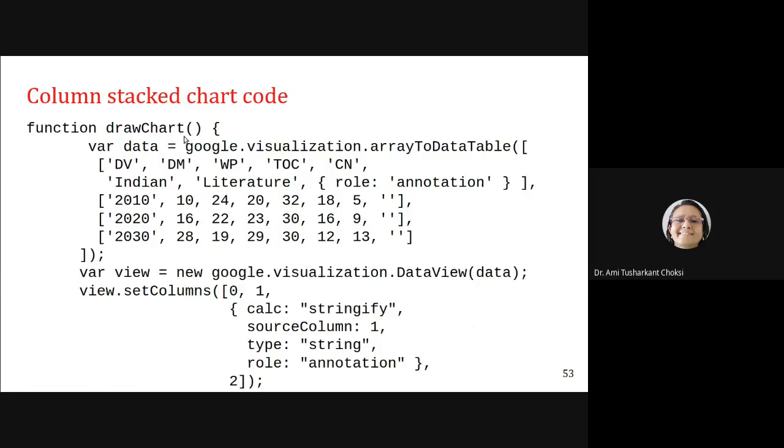Let's see the drawChart function. What we are having in this variable data is equal to google.visualization.arrayToDataTable. What do we say? The title, DV, DM, WP, Talk, CN, Indian literature, and role, that is annotation. Fine. Now, what we do is 2010, 10, 24, 20, 32, 18, 5. Here you can specify whatever annotation you want to provide.